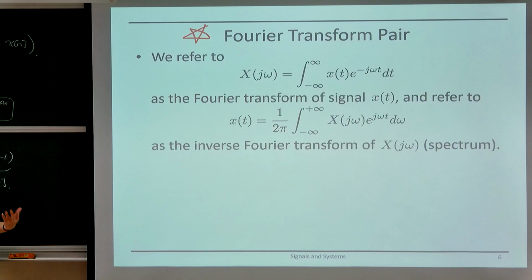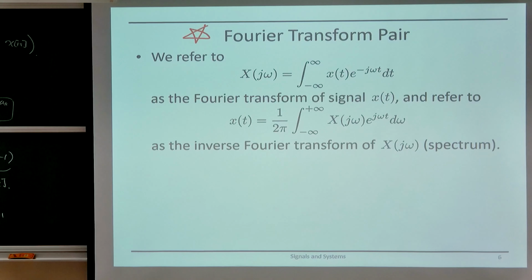Now, for continuous time signals, a natural thing to ask is when does this expression hold? So the existence of this expression mostly follows from the conditions for the Fourier series representation in the periodic case.